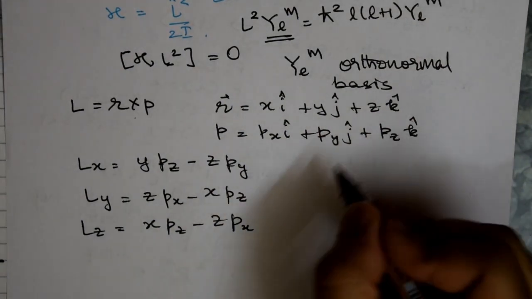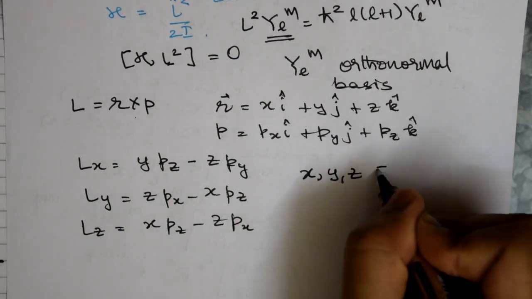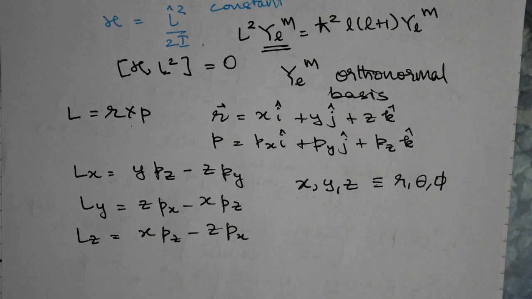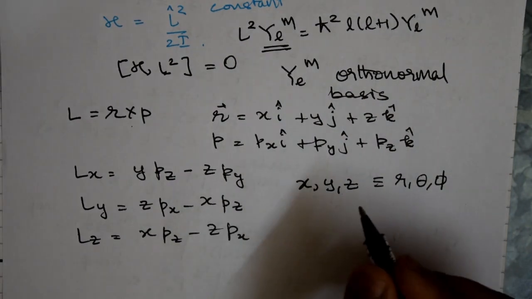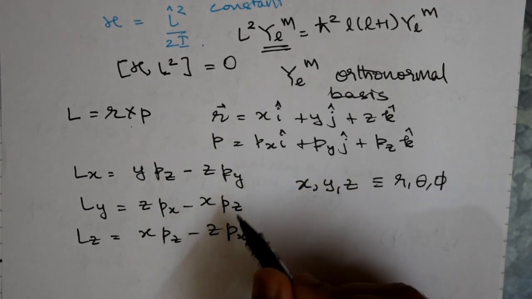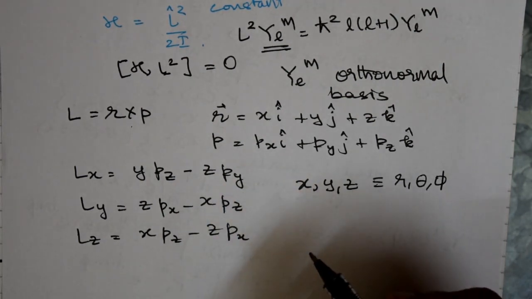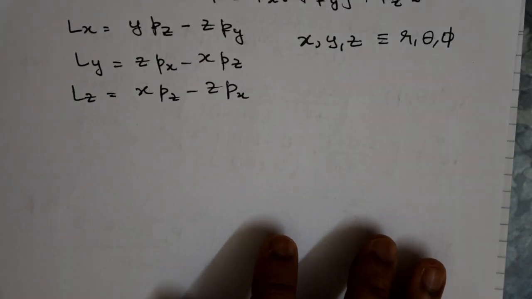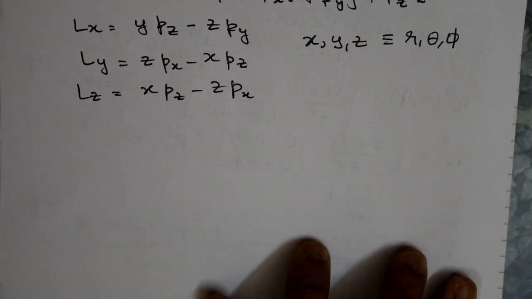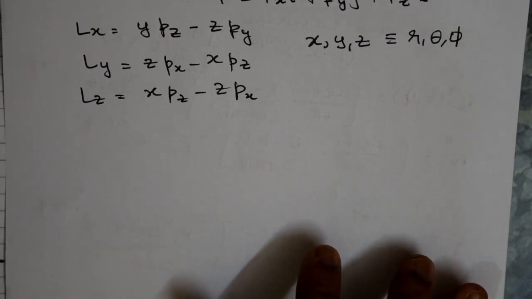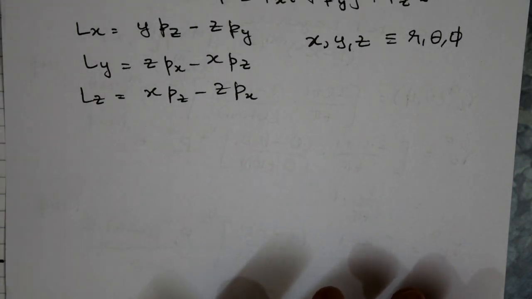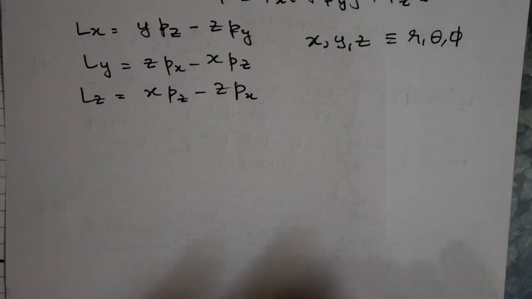But remember, we have moved away from the x, y, z system to the r, theta, phi coordinate system, right? So once we have moved into a different coordinate system, we should also convert Lx, Ly and Lz in terms of r, theta, phi. Instead of going to the entire rigor, I'm sure you will be able to do the basic algebra. You can also find the solution of converting Lx, Ly, Lz from Cartesian to spherical polar coordinates in the textbook written by Levine.